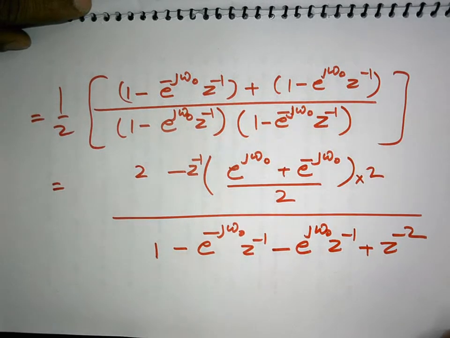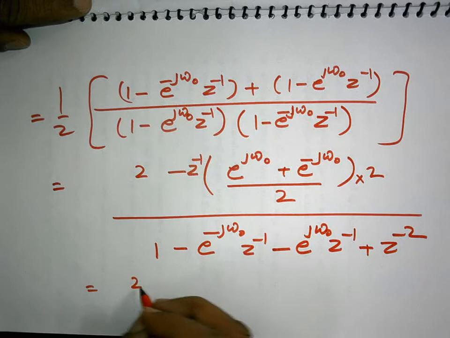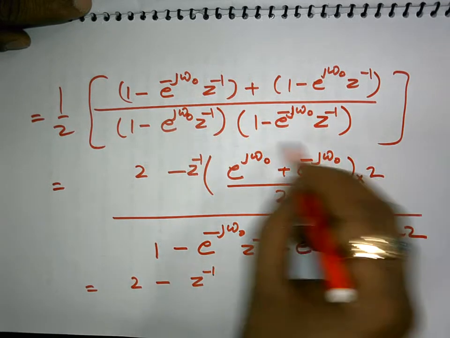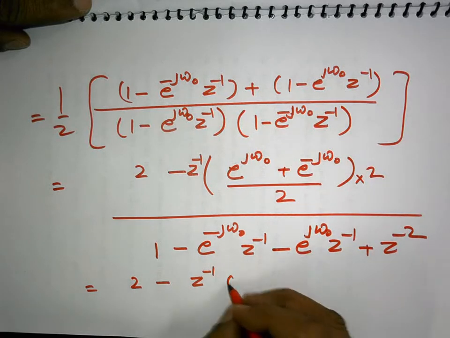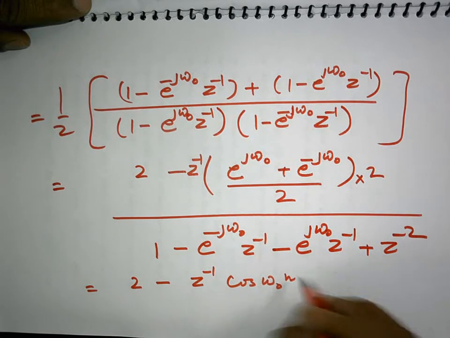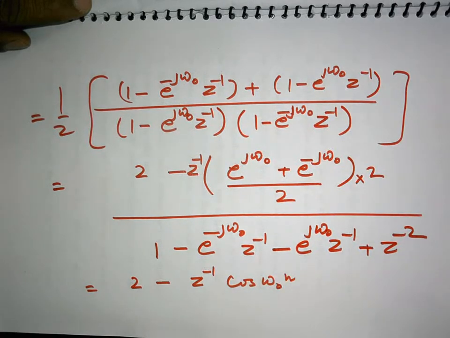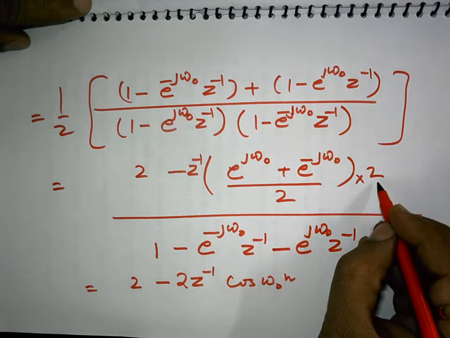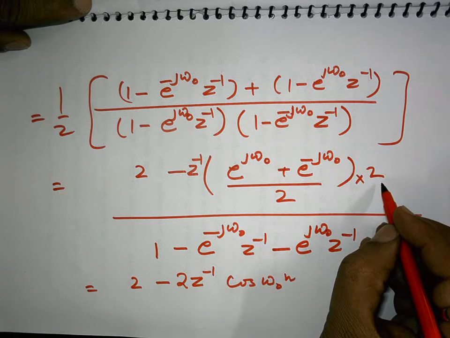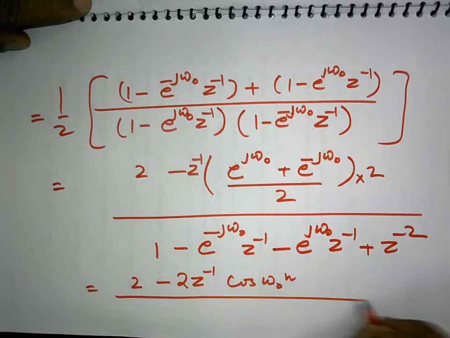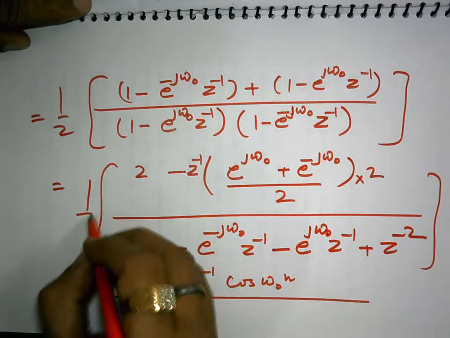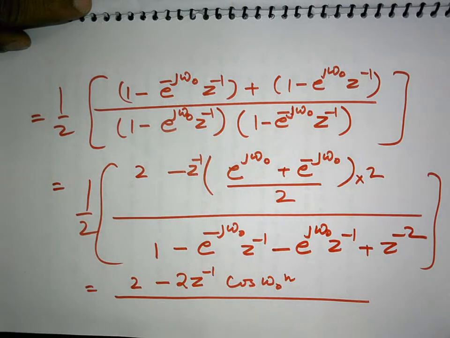Am I right? So this is 2 minus z inverse times 2 cos omega 0, and the whole thing should be multiplied by this half.